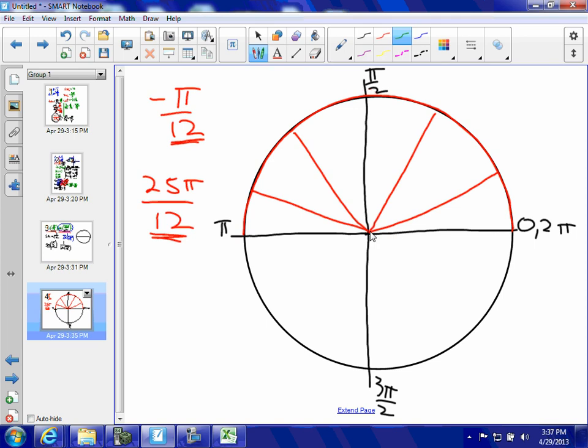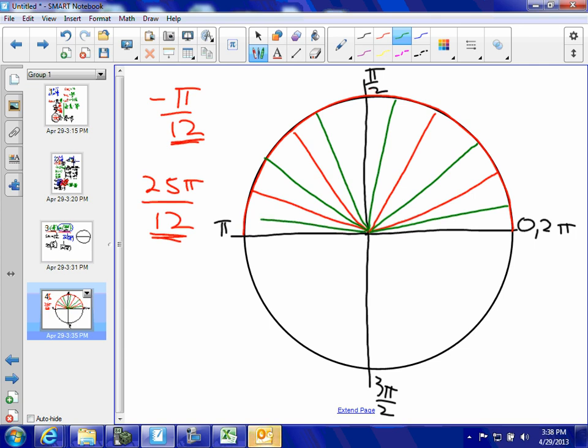But I need 12 pieces, so I'm going to go right in between each of these. Now I have the top part of my unit circle divided up into 12 pieces.